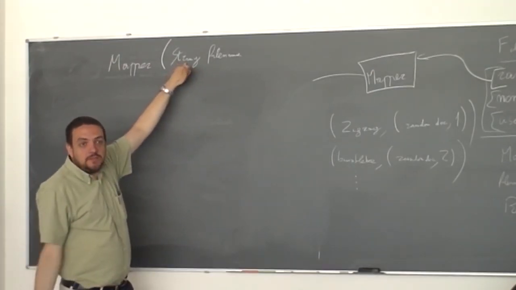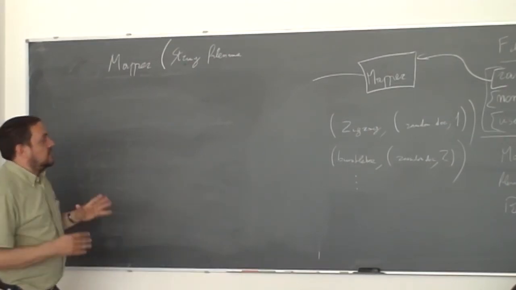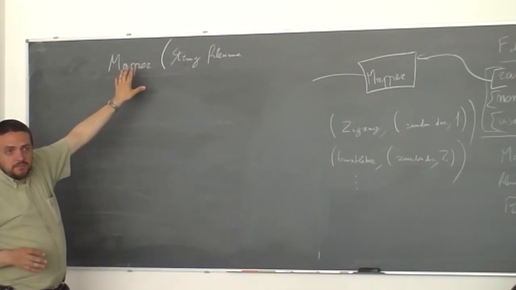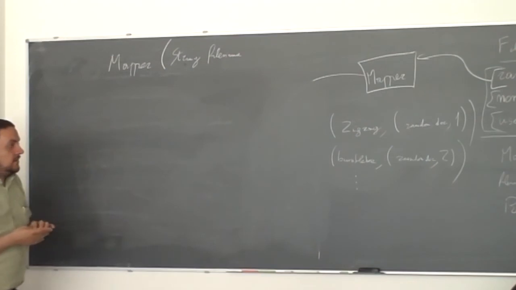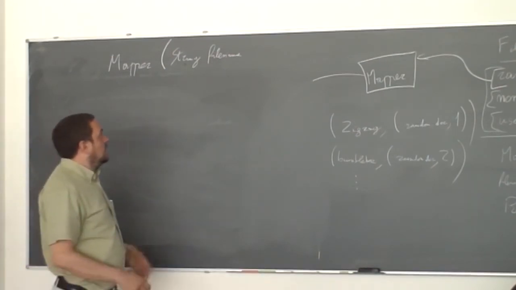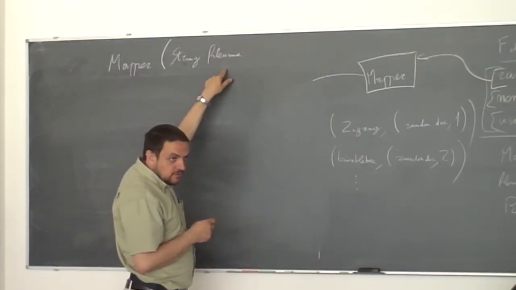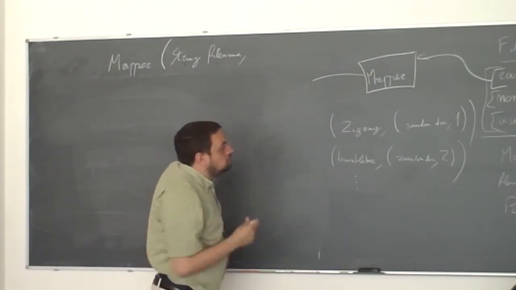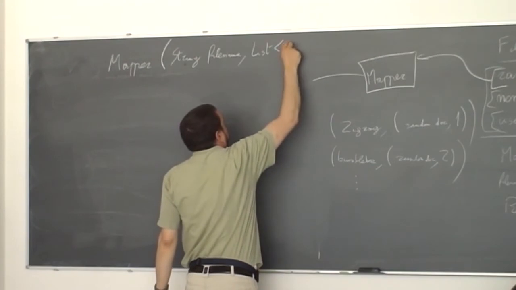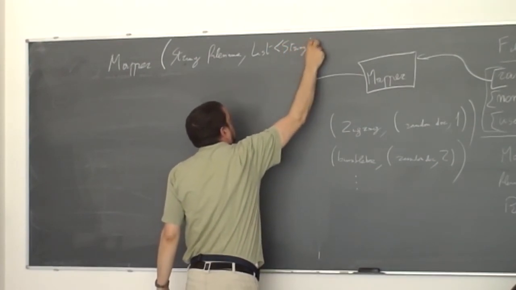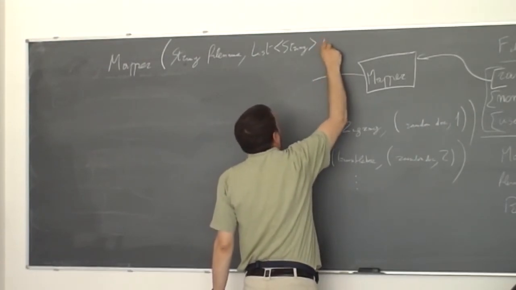It would be a text type from which a string can be extracted. But let's keep things simple. I don't want to bother with the actual implementation. Just look at the basic things. So we can suppose that the mapper receives a string containing the file name and a list of strings which are the document contents, a list of terms.